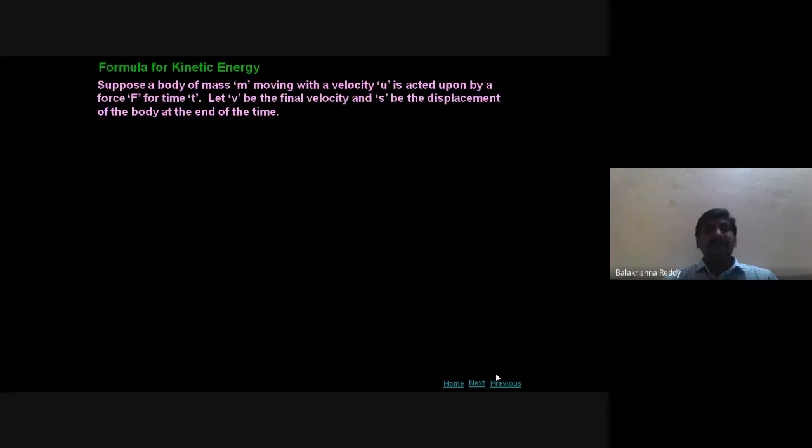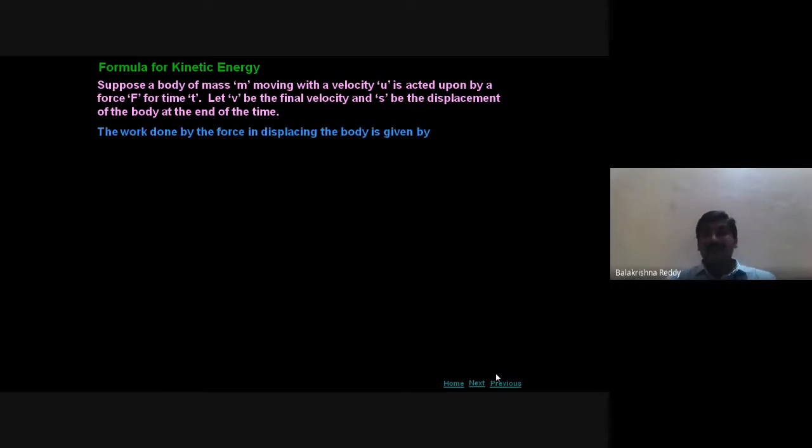Suppose a body of mass m moving with a velocity u is acted upon by a force F for a small interval of time, and let v be the final velocity of the object. The object has been displaced some distance in the given time.